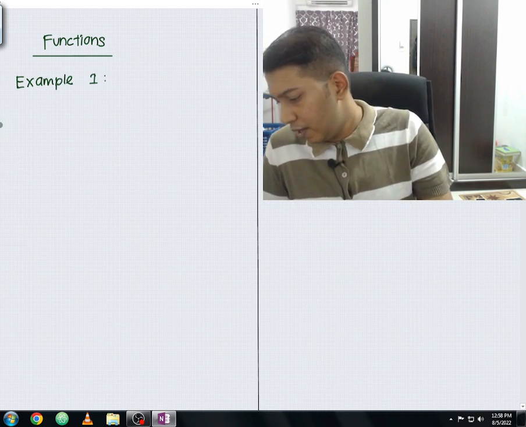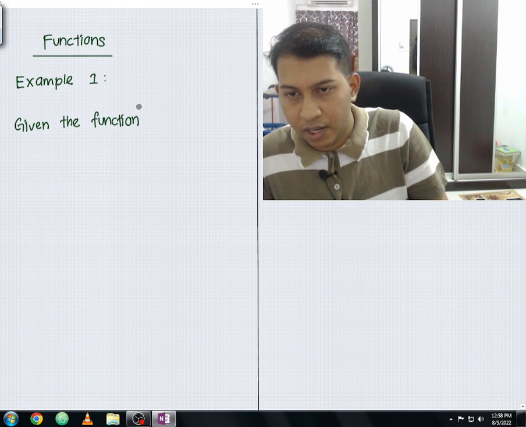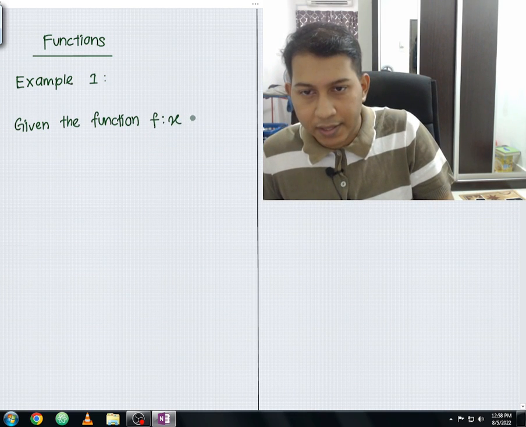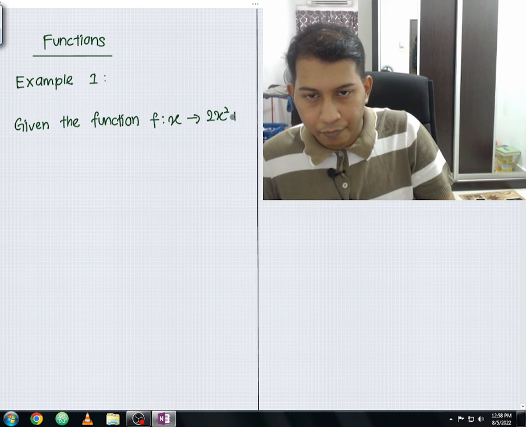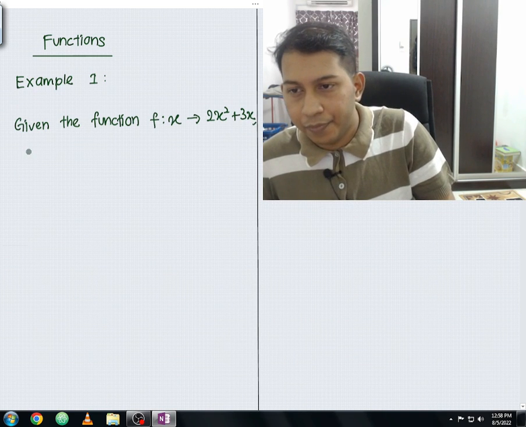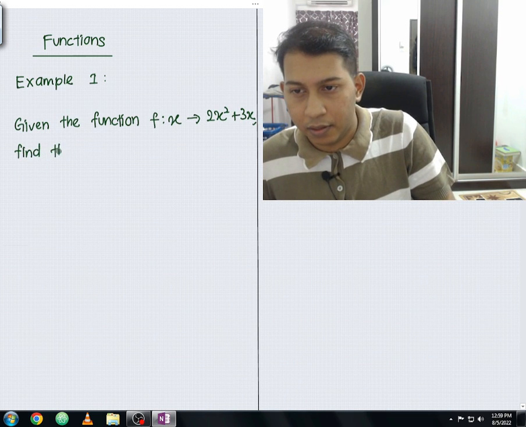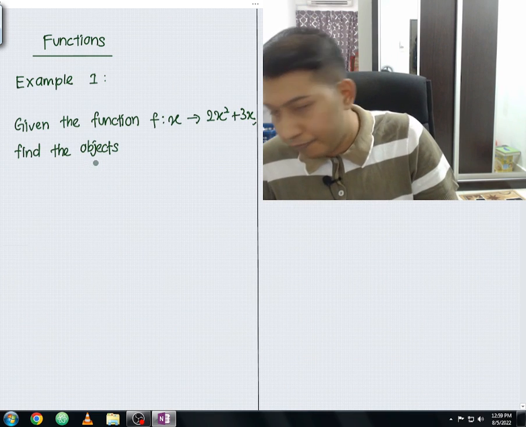Given the function f colon x arrow 2x squared plus 3x, find the objects that have the image 2.